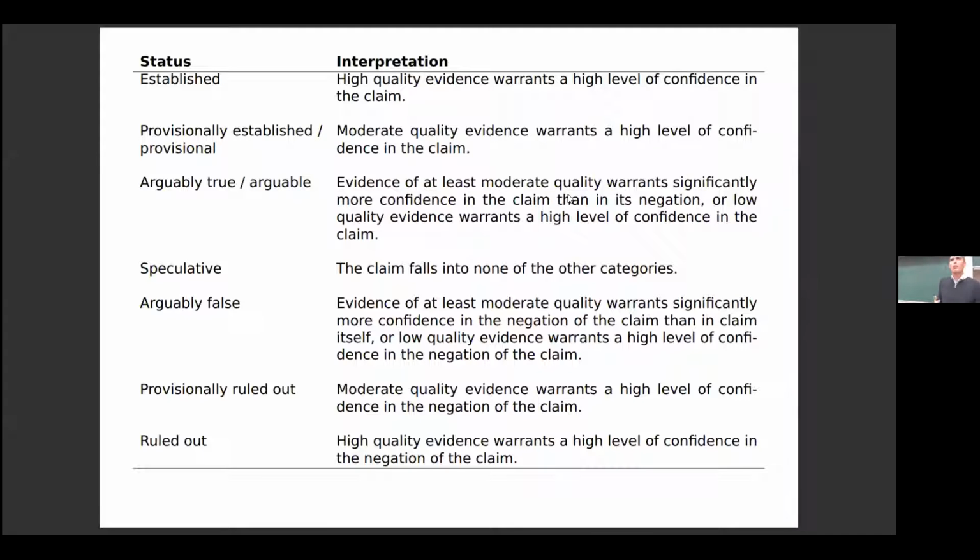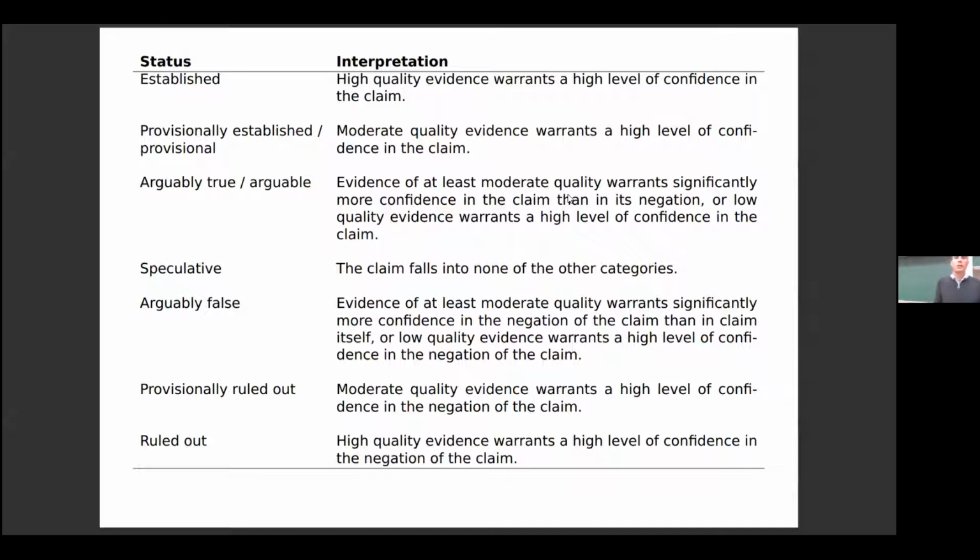Just to say, what do I mean by the status of a claim? Here, just to be explicit, we're using 7 different possible statuses that we could attach to a claim. At best, you're going to establish the claim you're interested in. If you can't establish it, you may yet be able to provisionally establish it.